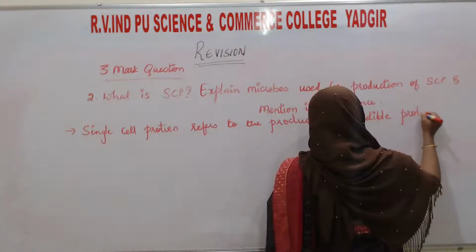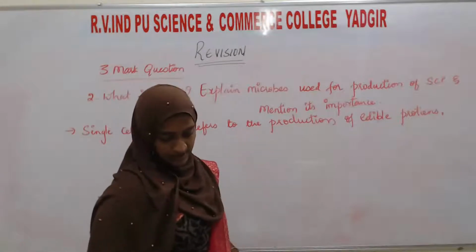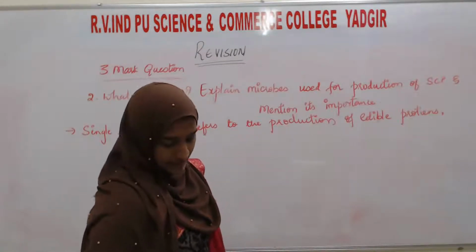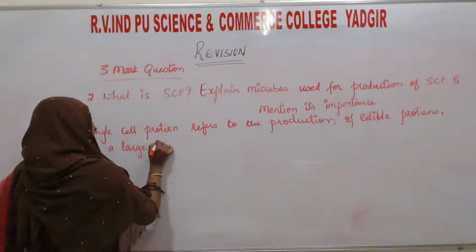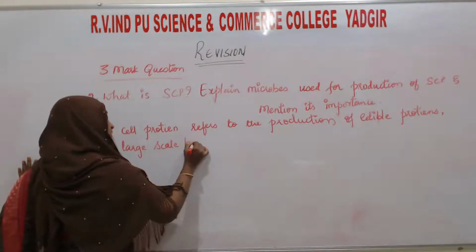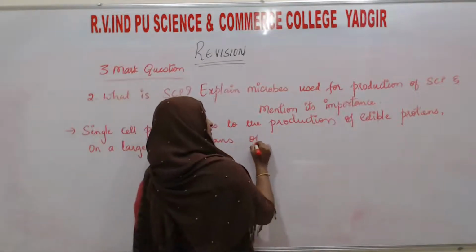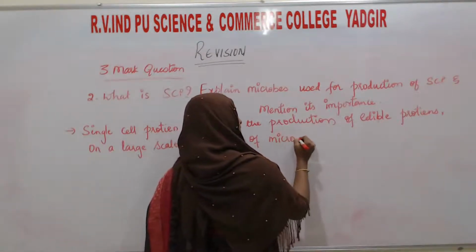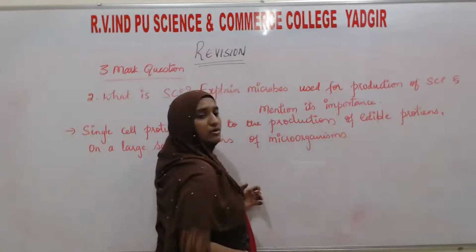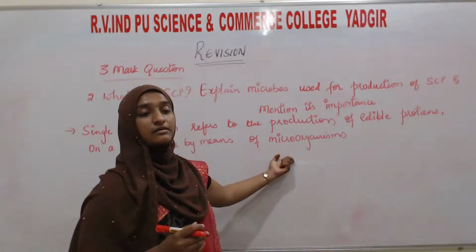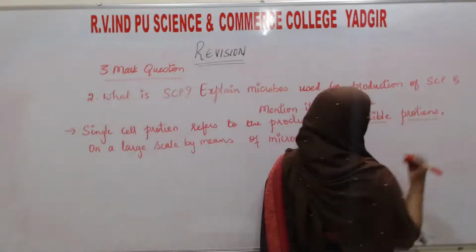Edible means which can be eaten, on a large scale by means of microorganisms. Okay, by utilizing some of the microbes, they are going to produce the edible proteins.